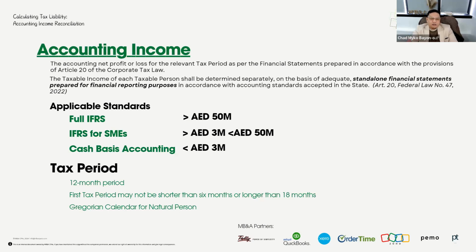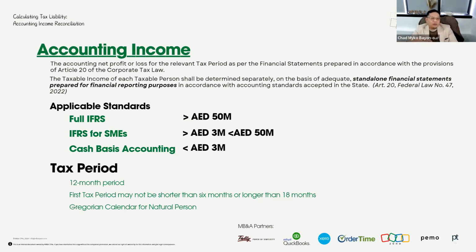So as the law states, there are three acceptable standards for FTA. Three acceptable standards. What are those acceptable standards? We have the IFRS, which is the main standard that is actually acceptable by the Federal Tax Authority. And you have two options.